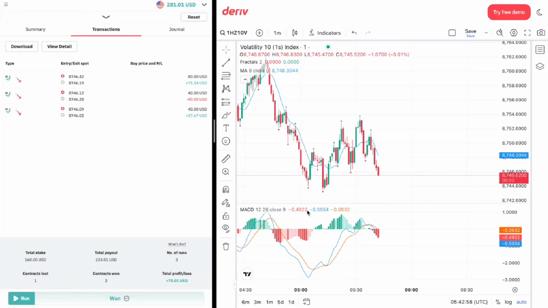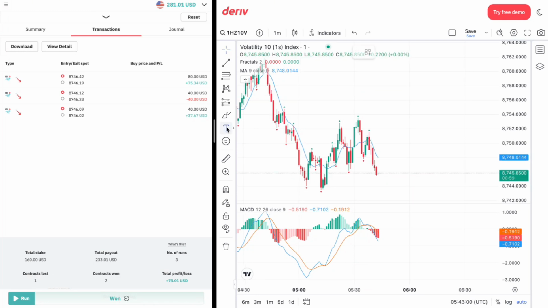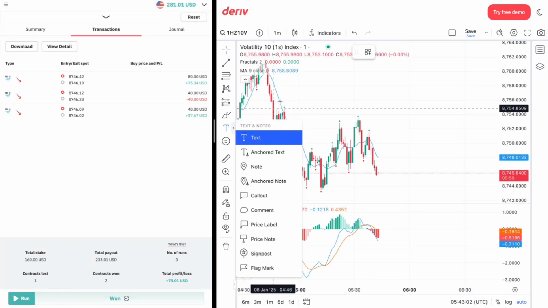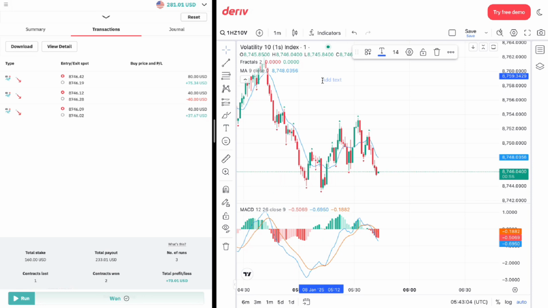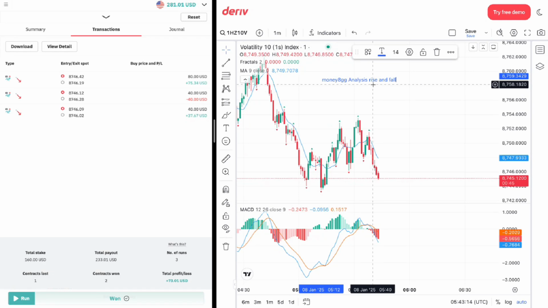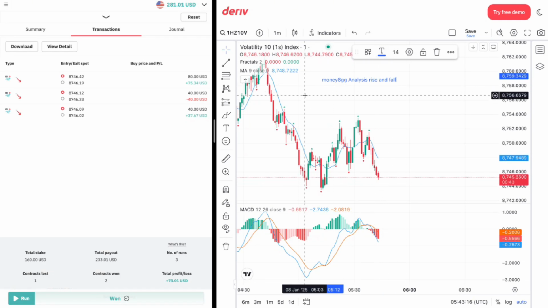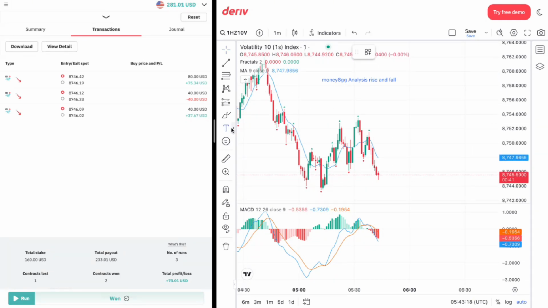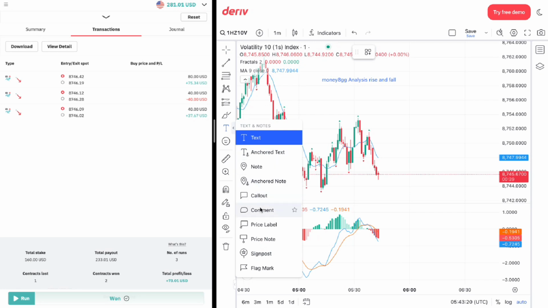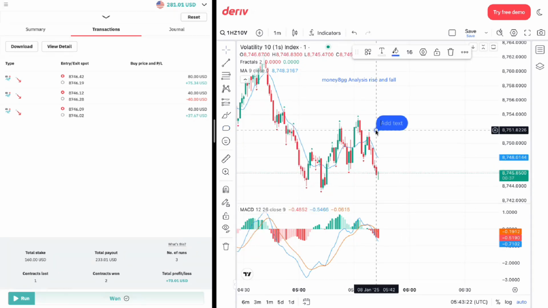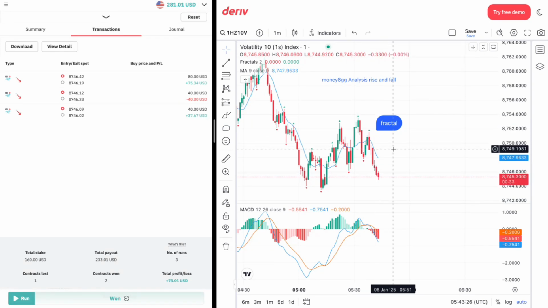You can see, let me just show you, come to text here. So you can first of all put a text. So the conditions I'm looking for is, 1, I need a fractal that happened within the same time.